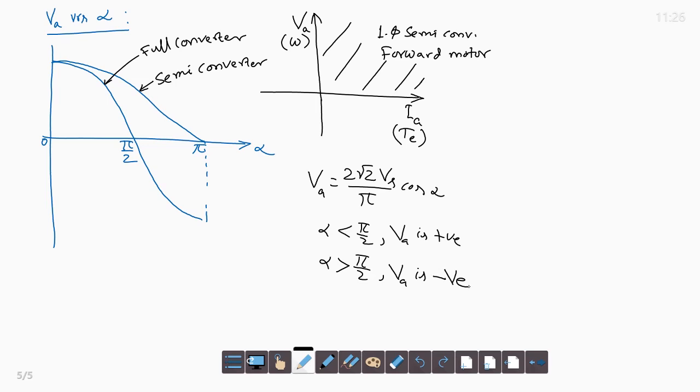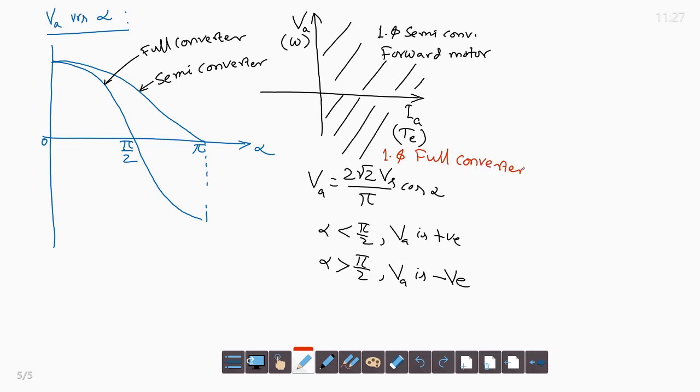Current has to be always positive, because in a converter current flows in unidirectional switches. So current flows in one direction, IA is positive. So because voltage can be positive or negative, current is positive. So torque is always positive, whereas speed can be positive or negative. So we can have operation in the first and fourth quadrant. This is for single phase full converter. Additional quadrant is there in single phase full converter.